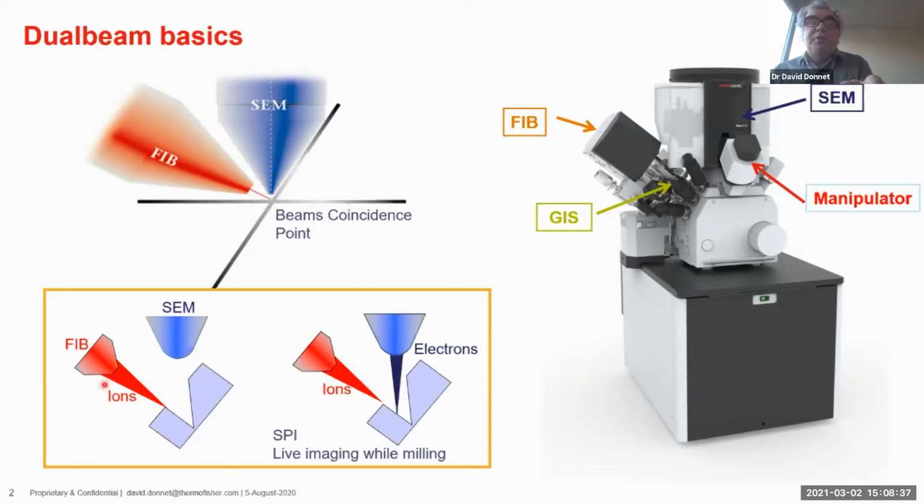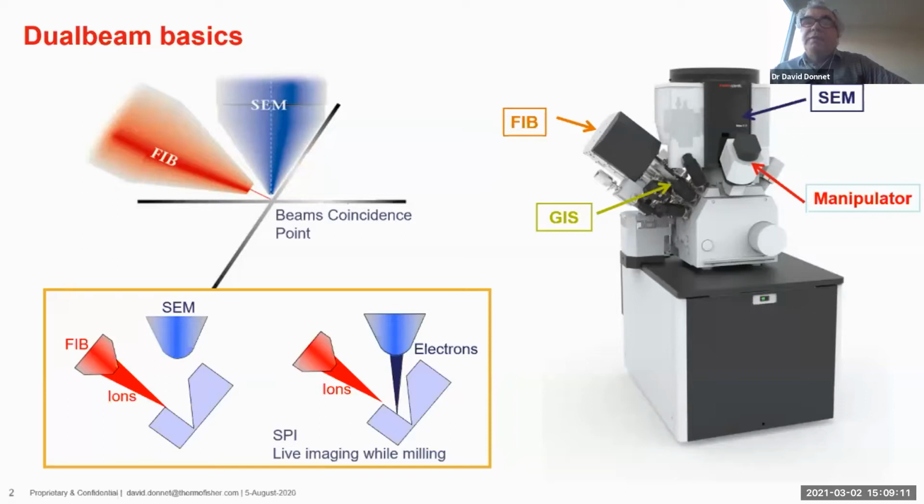As you've seen in the previous talks, we can make a very site-specific cross-section with the ion beam, so that we can reach a buried layer or a defect very accurately. And then, of course, we can image that directly with the SEM.